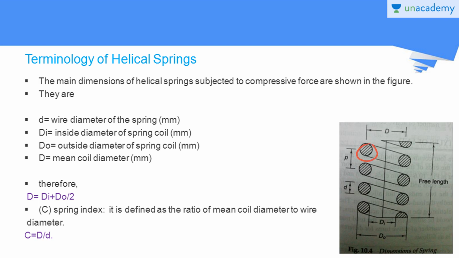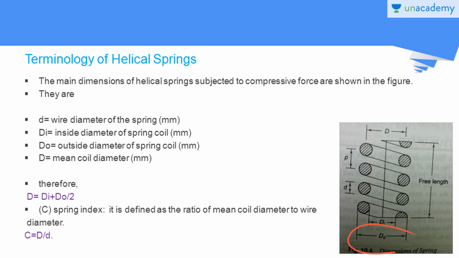That's why these are round springs and the diameter here is the wire diameter, the diameter of the wire used for the spring, and Di is the inside diameter of the spring coil. See here, this is the inside diameter of the spring coil, which is the distance between this circle and this circle, starting of these two circles as shown in this figure, and Do is the outside diameter of the spring coil.